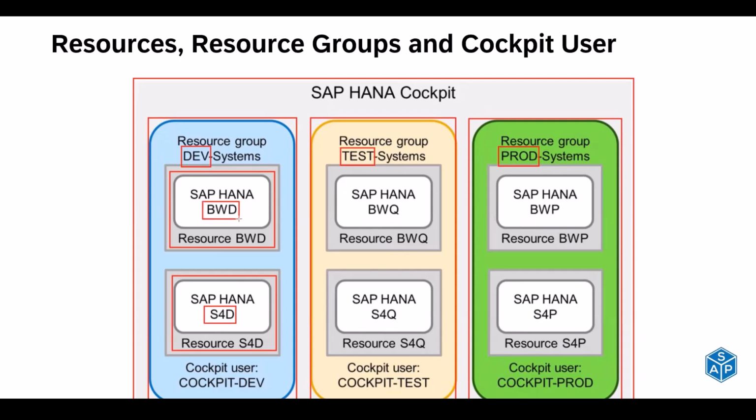So all the development databases you can put into one resource group. It's up to you, you can create it however you like. You can create one resource group for your S4 HANA development landscape, where you add your system DB and your tenant database. Then here you can see this is your BW quality resource. You can add your BW quality database and your S4 HANA quality database.